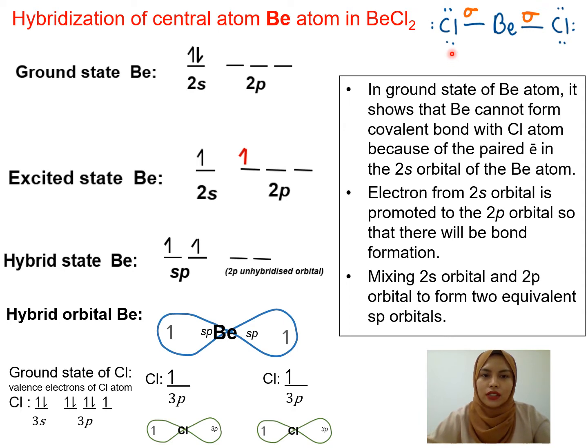Okay. So, if you look at the ground state of beryllium, ground state ni adalah the valence electron of beryllium. So you tahu ground state of beryllium ni dia punya valence electron dia terletak pada 2s dengan 2p. Kenapa 2s dengan 2p? Because if you look at the periodic table of element, you akan tahu beryllium berada pada period yang kedua dan juga dia punya block adalah p block.